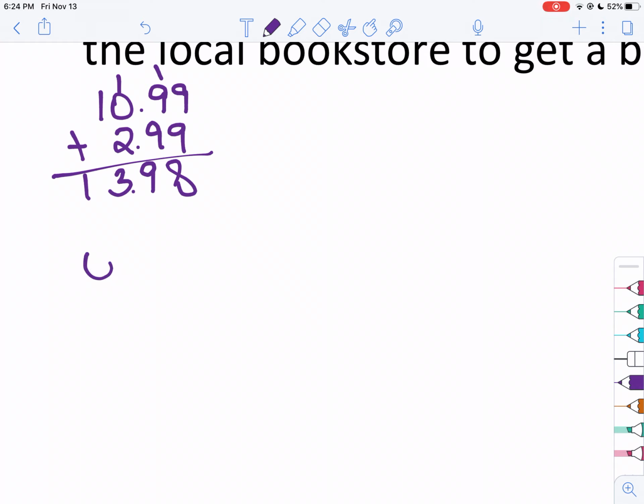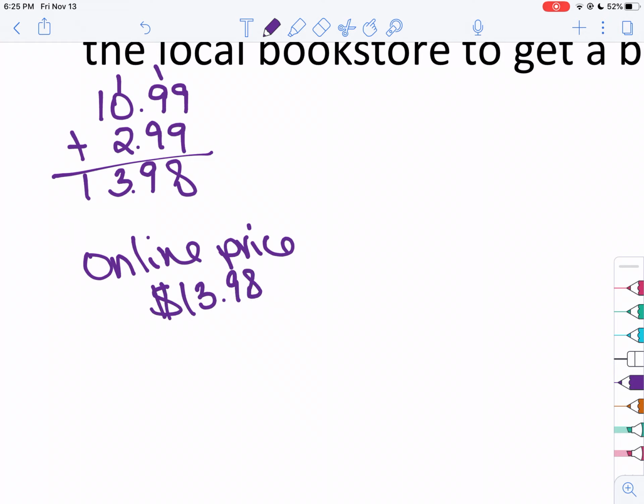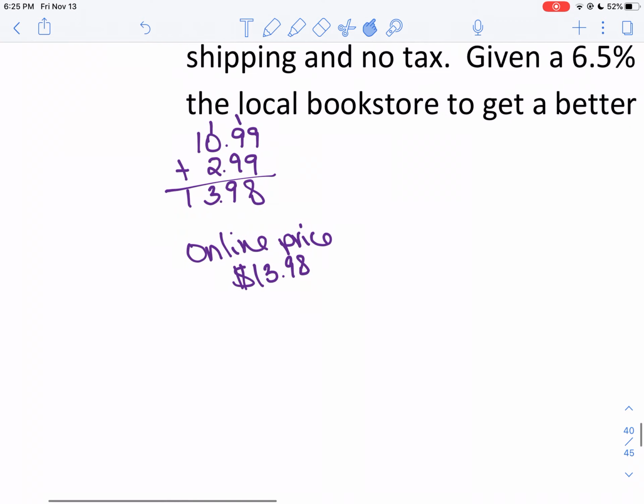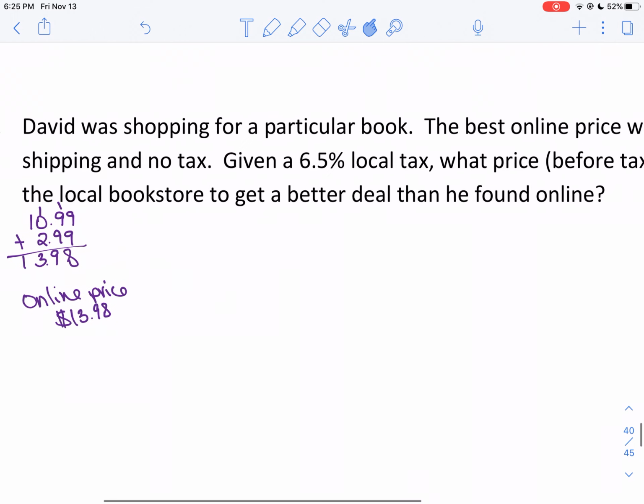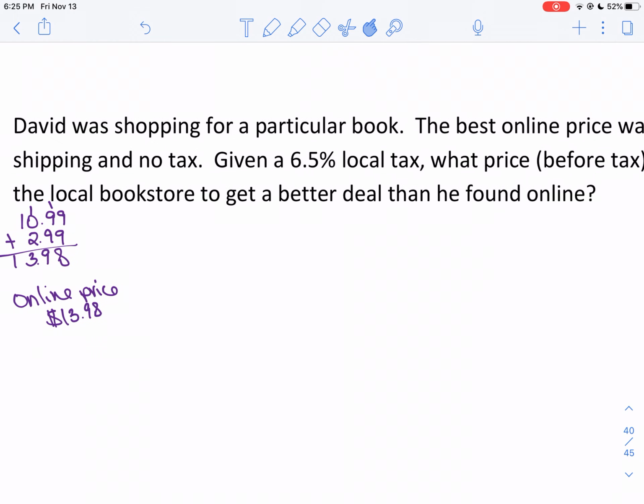Okay, so the online price is $13.98. So whatever price he finds at a local bookstore, it needs to be less than $13.98.